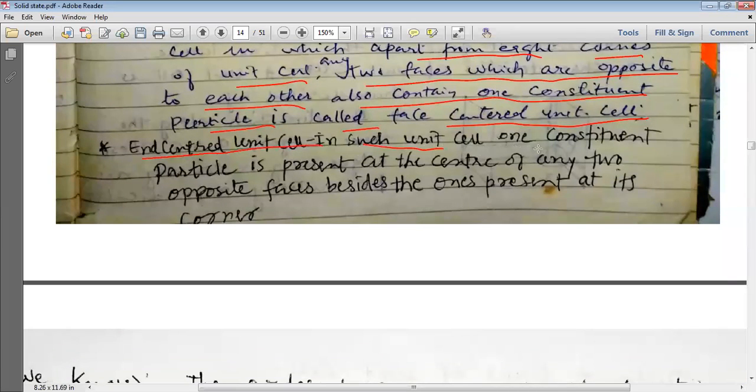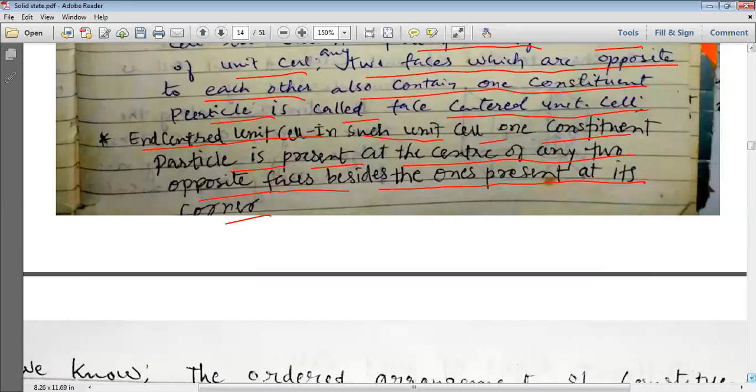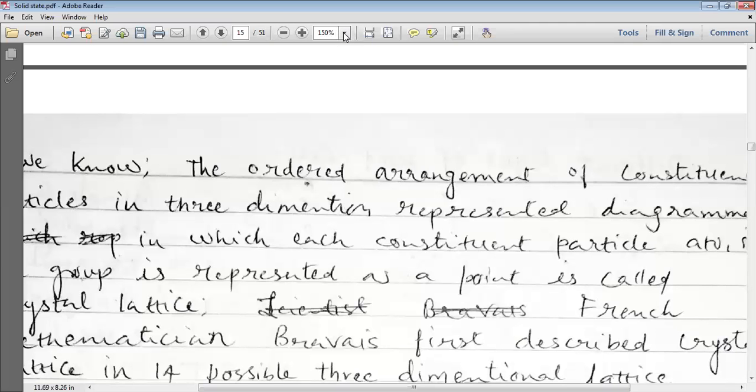In such a unit cell, one constituent particle is present at the center of any 2 opposite faces besides those present at the corners. So apart from the corners, there is one pair of opposite faces, and if we have constituent particles available in this pair of opposite faces, it is known as the end-centered unit cell.